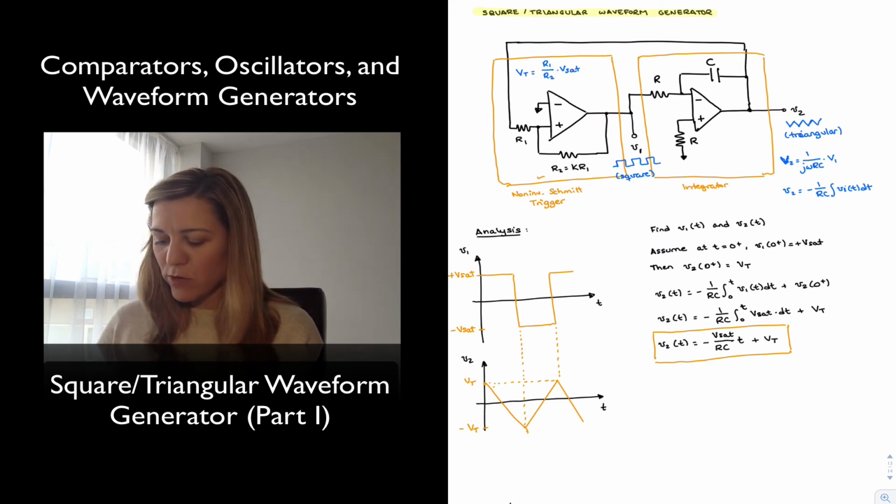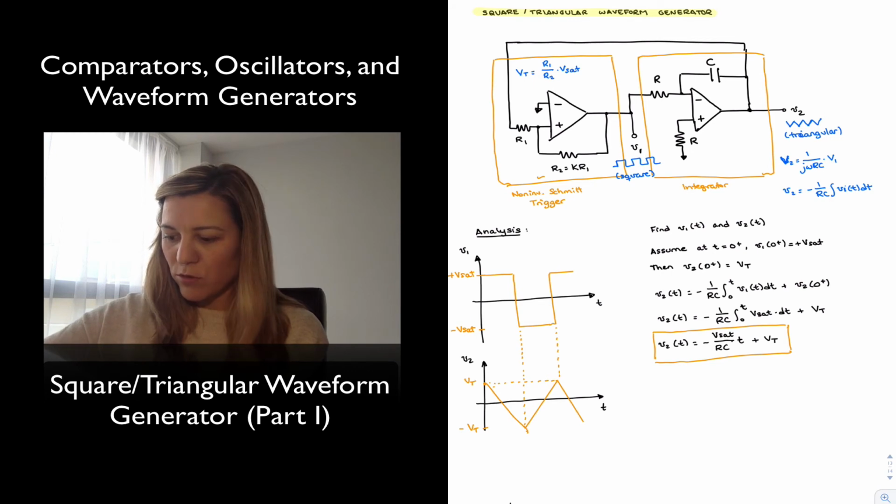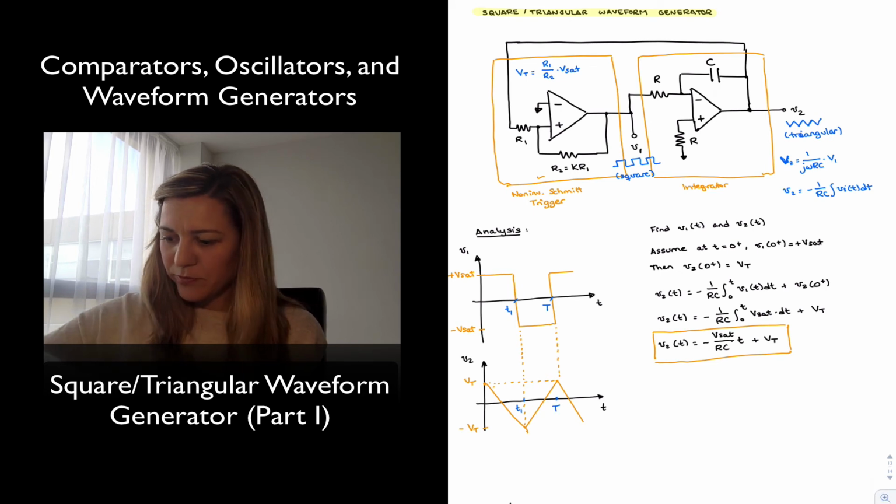And so this is exactly what we are expecting, all the way from 0 plus to the half of the period, which I'm going to label as t1. So this point is going to be t1, that's t1 over here, and this is my period T, which is going to sit over here.